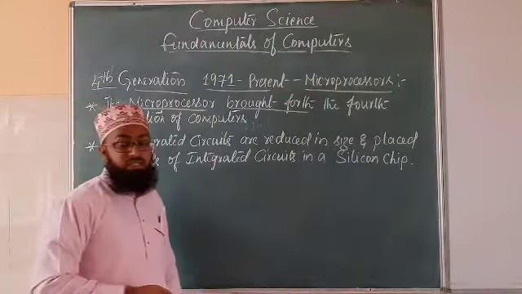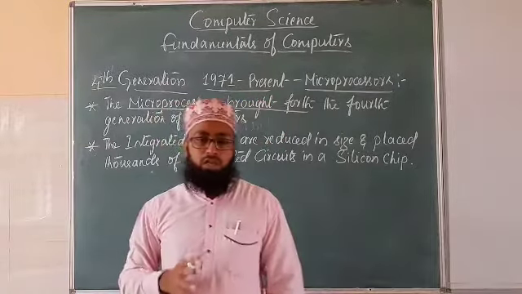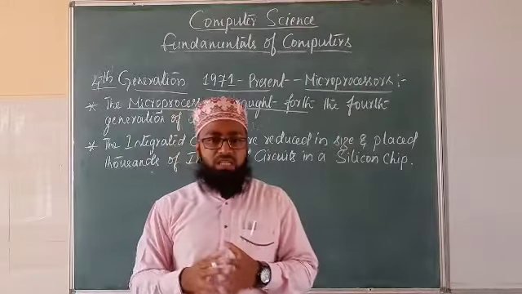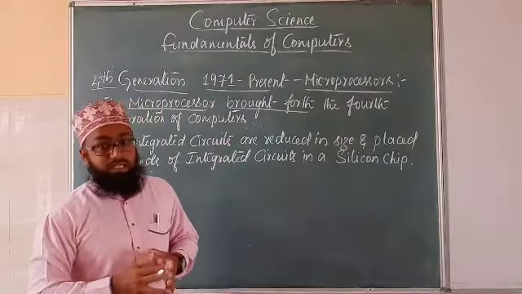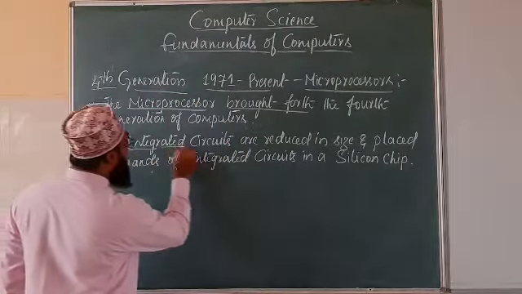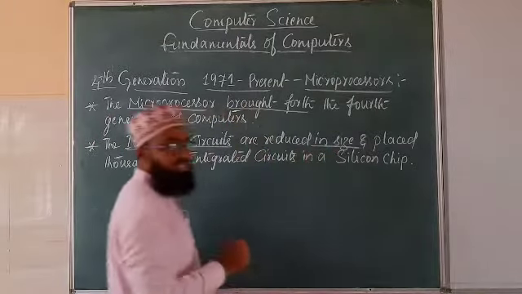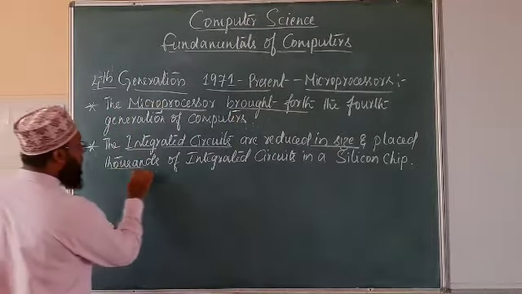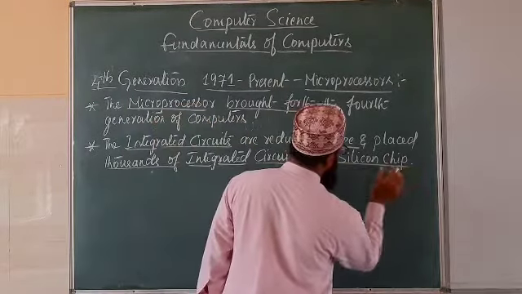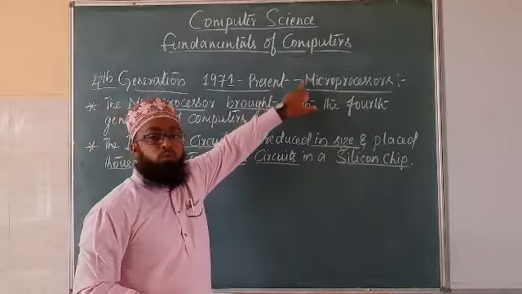As in the third generation, okay, the vacuum tube's size was reduced to a transistor, and they were placed in a single silicon chip called an integrated circuit. But in the fourth generation, okay, the size of integrated circuits is reduced, and thousands of integrated circuits are placed in a small silicon chip, and now this silicon chip is called a microprocessor.